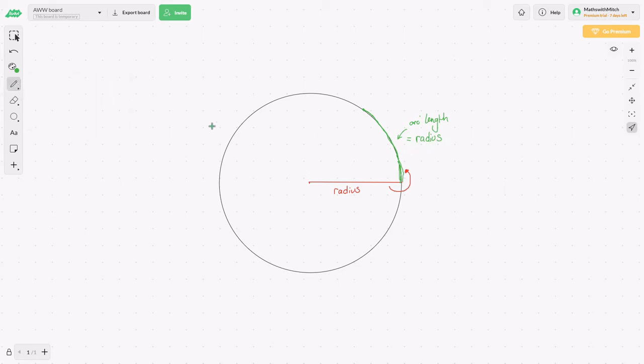Now if we were to then join that up from the center at the edge of this arc length, so we were to make a full arc with it, the angle inside this arc is now 1 radian. You might see this written as 1 rad, and that is the definition of a radian. It is the angle made up in an arc where the arc length is the same as the radius.